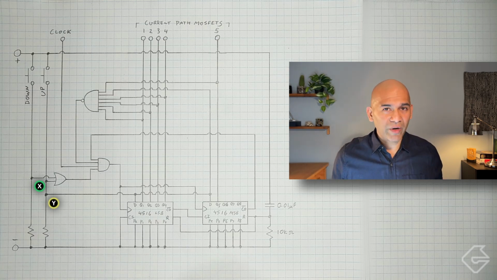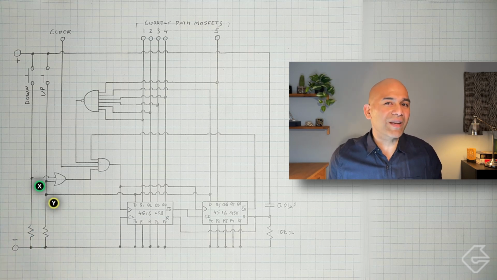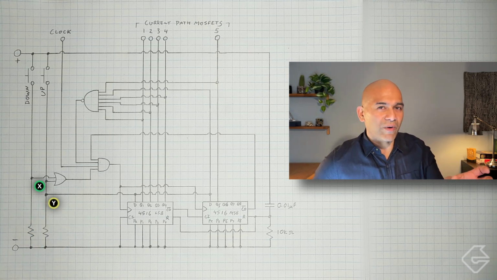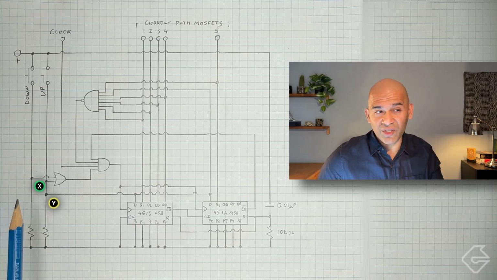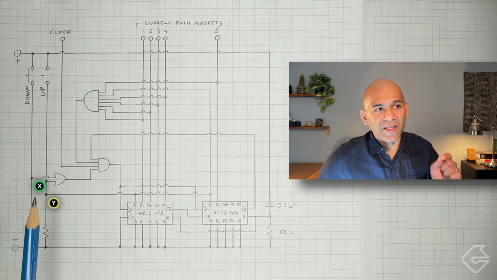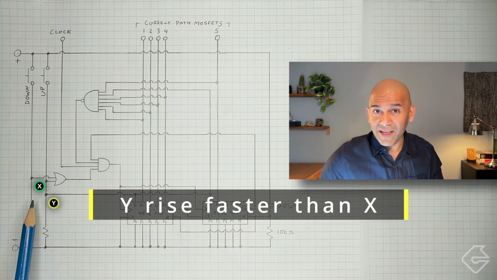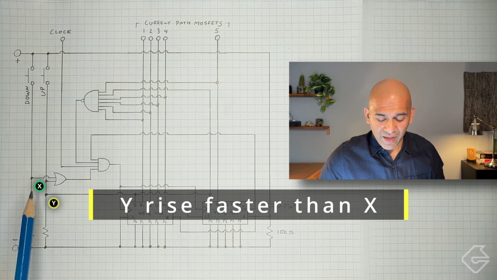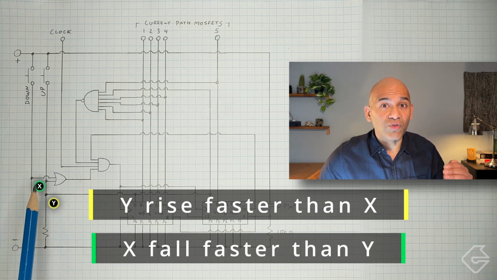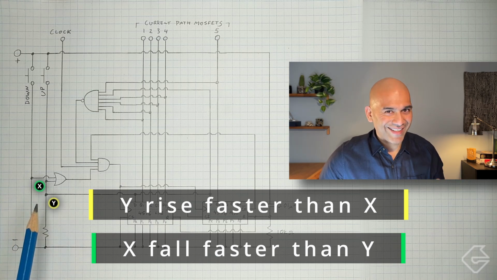Without boring you with the details, I figured out what the comparison needs to be between X and Y. If you forget the bouncers for a second and look at just the positions, what we want to achieve is when the signals rise, point Y needs to rise faster than point X. And when the signals drop, point X needs to drop faster than point Y. You get that?